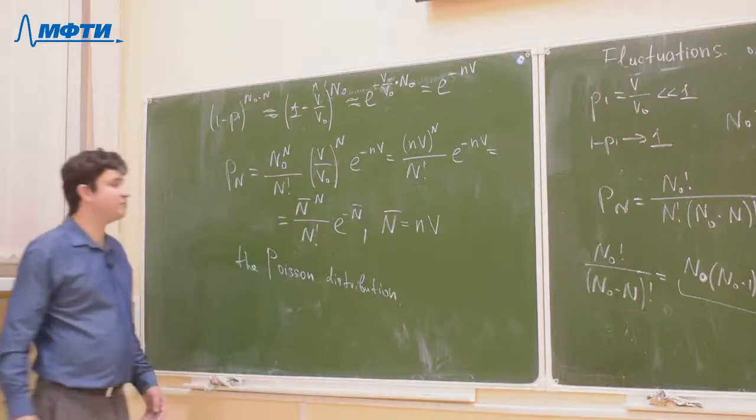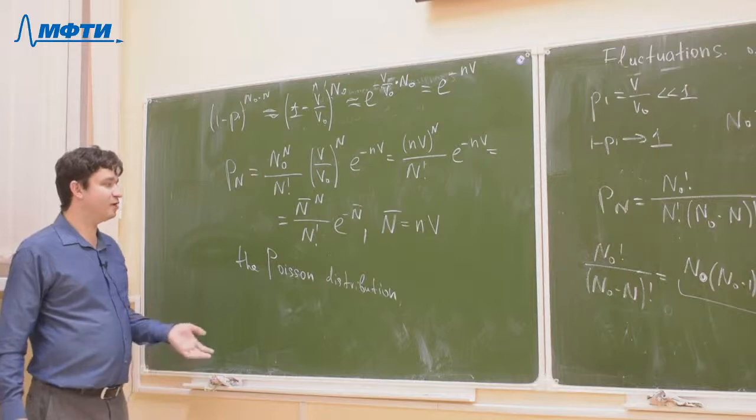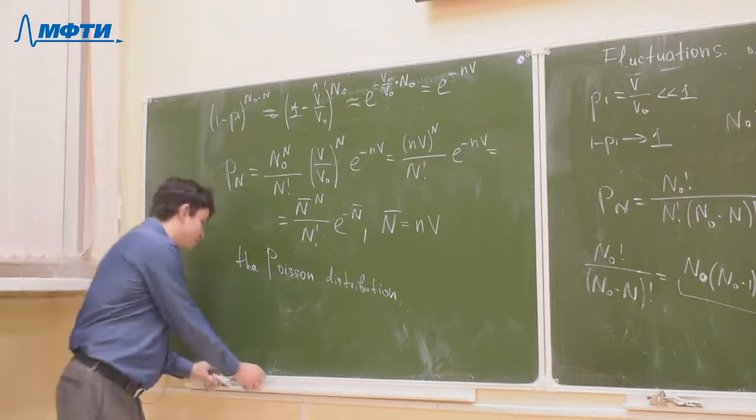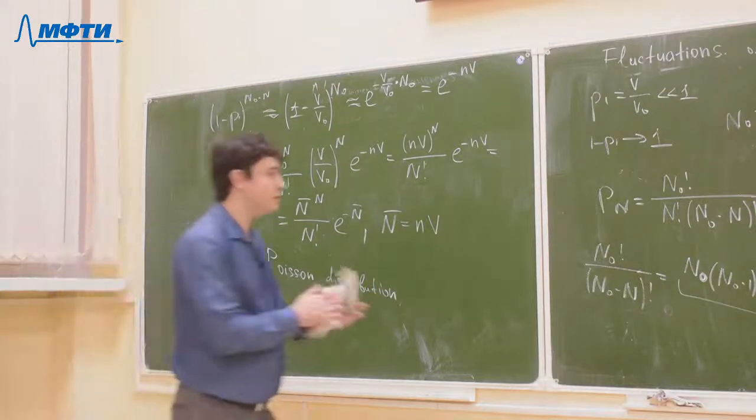And from this distribution, we can calculate not only the average number of particles in the volume, but also the variance or the fluctuation of the number of particles in the volume. Let's do it.